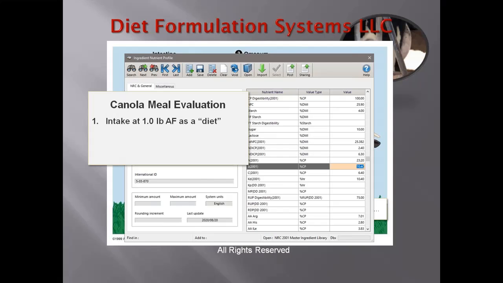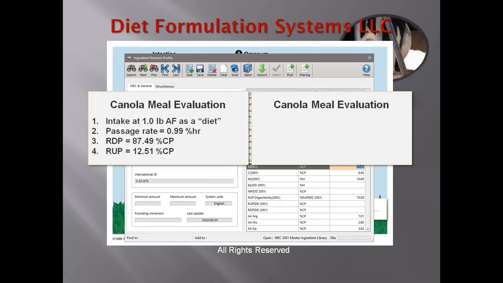A 1 pound diet, all canola meal, same passage rate, 0.99%. Look at RDP, 88%, RUP 12%. Again, let's go back to canola meal at a higher rate of intake, higher passage rate. 100 pounds, 9.34% per hour.